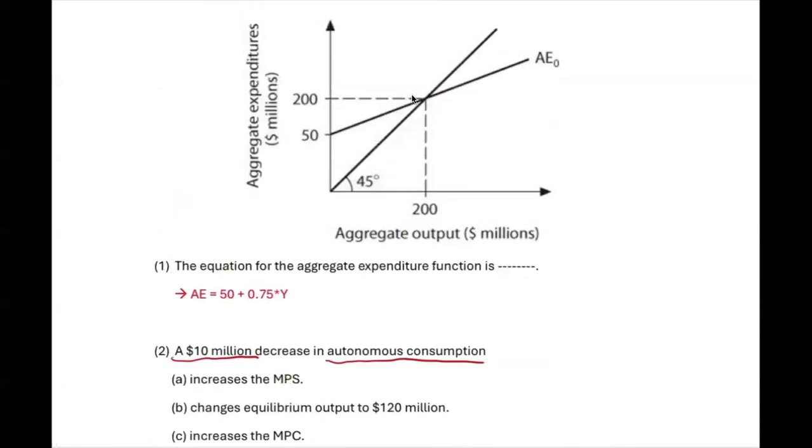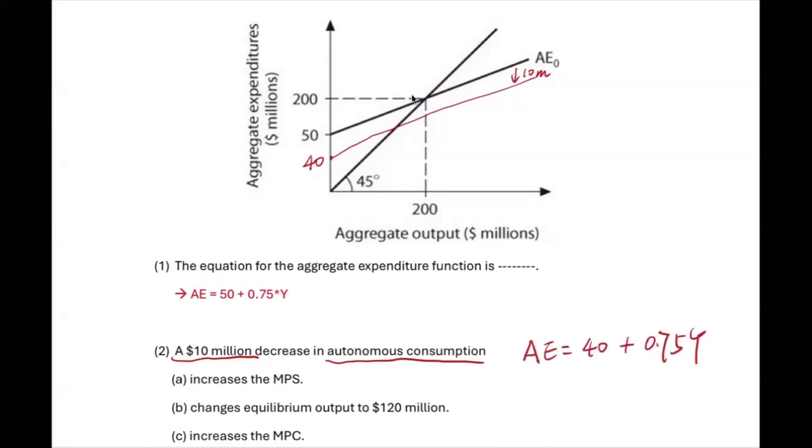Because you see AE0 is here, the 10 million change would cause the AE curve to shift by 10 million. So now the intercept is 40 and the slope doesn't change. So AE equals 40 plus 0.75y. So now what's the equilibrium?